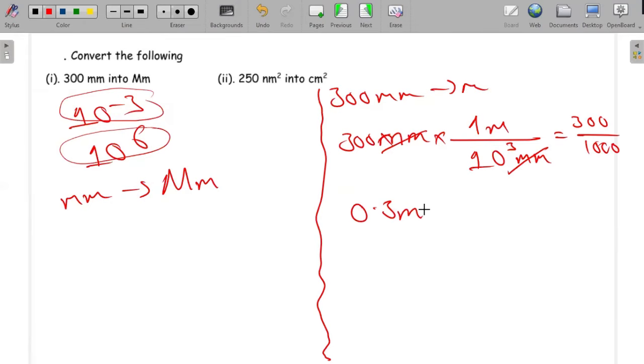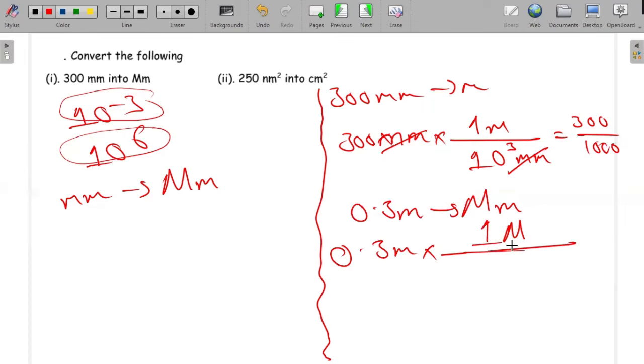Now let's convert 0.3 meters into megameters. How are we going to do that? We're going to say 0.3 meters multiplied by the conversion factor. Since the mega is the bigger one, and you can write it in whichever way you want, we'll say 1 megameter over 10 to the power 6 meters.